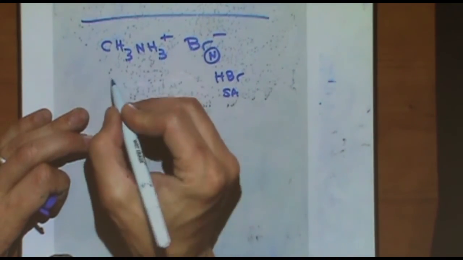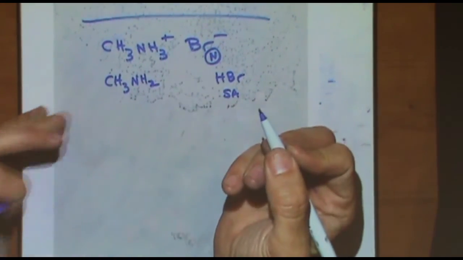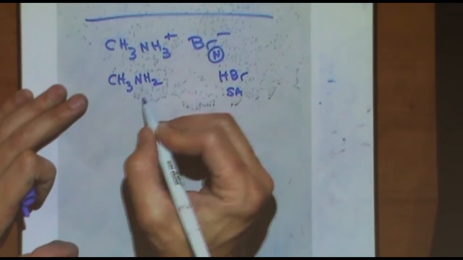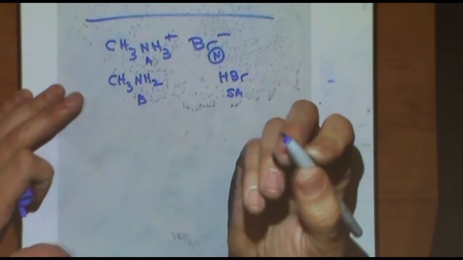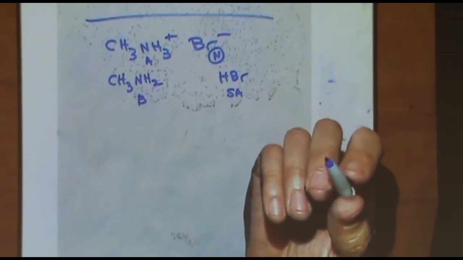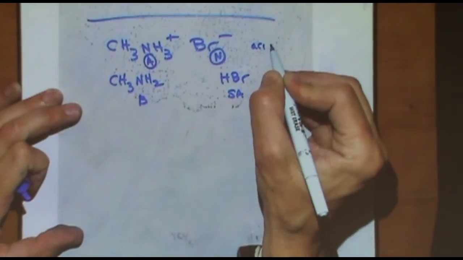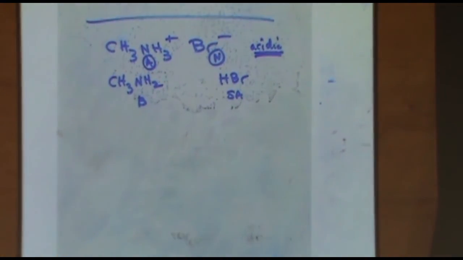The conjugate of this is going to be CH3NH2. You're like, what the heck is that? If you don't recognize it, it's just a base. So this must be an acid. This is a regular base. So this is acidic. Is that all right? A question on this?